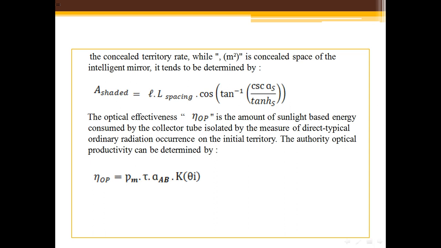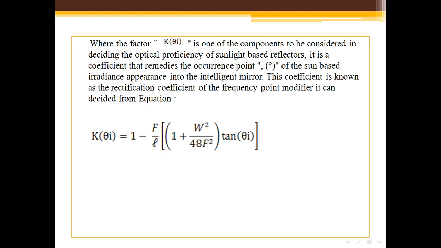How do we calculate the correction coefficient in this slide? The correction coefficient is one of the factors taken into account in determining the optical efficiency of solar reflectors.